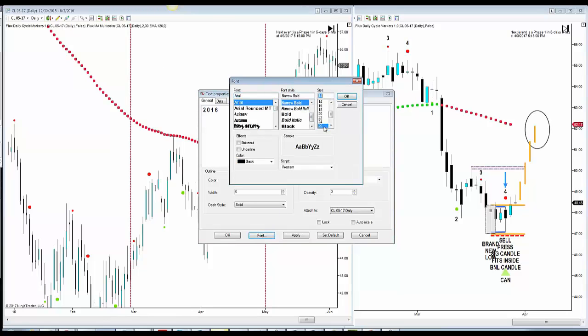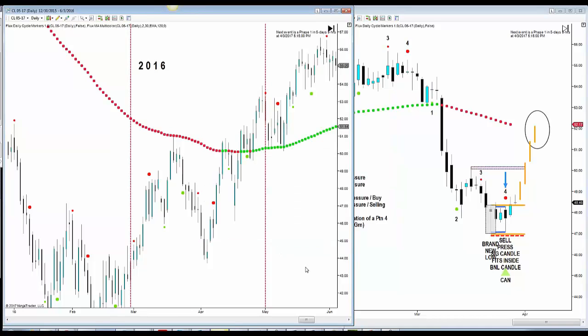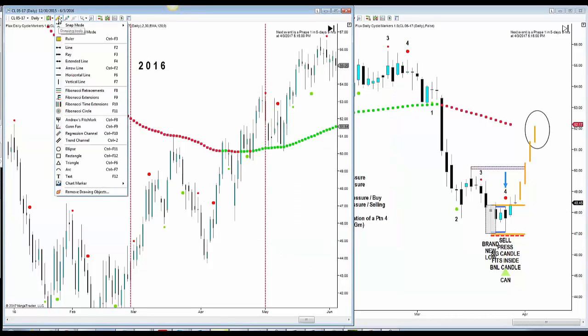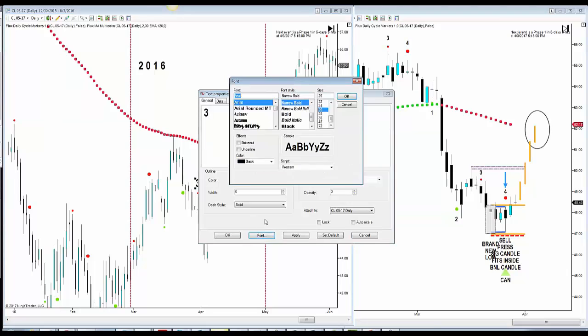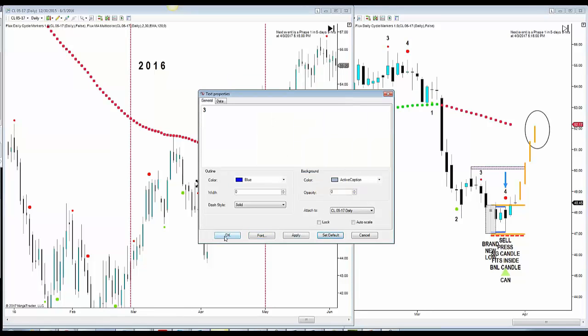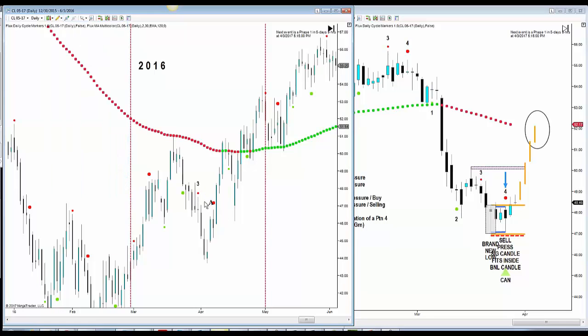Any checkmark constellations? Phase 3. Whoops, a little too big. Size does matter when you're doing this. Phase 3. Phase 4.